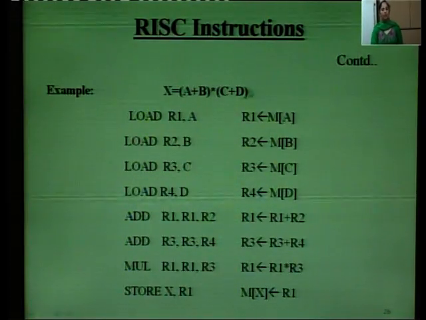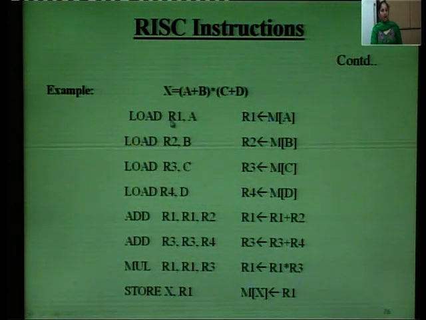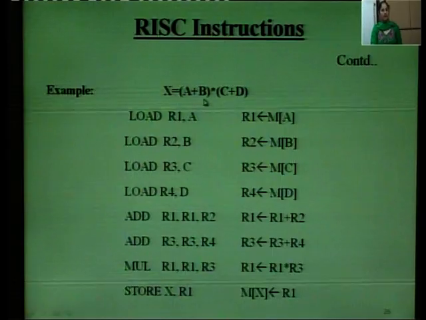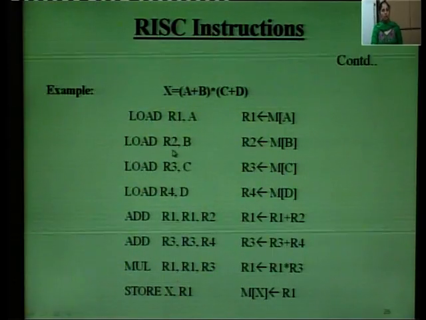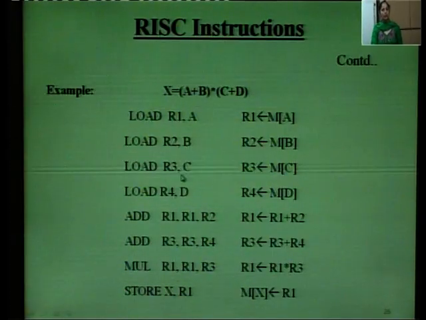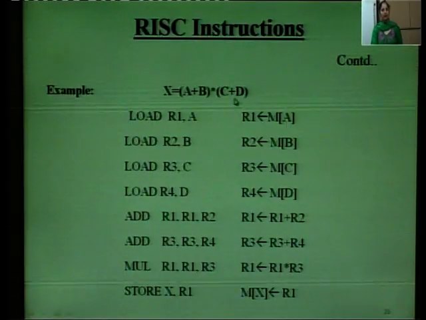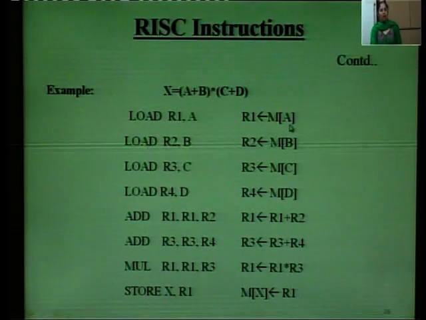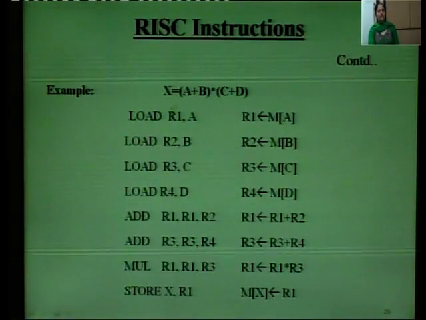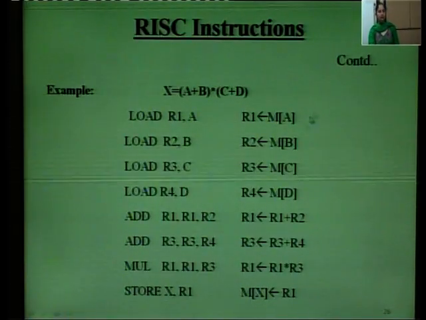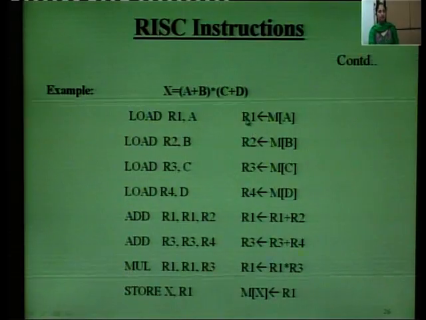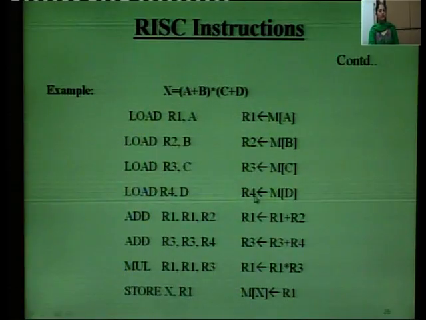First of all, load A into R1, next B into R2, next C into R3, and again D into R4. Here we store all the operands from memory into the registers: A into R1, B into R2, C into R3, and D into R4.